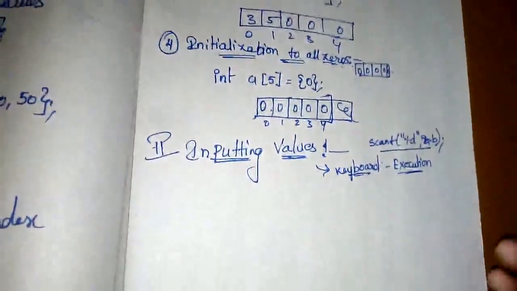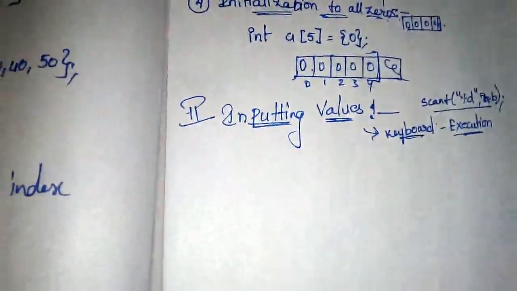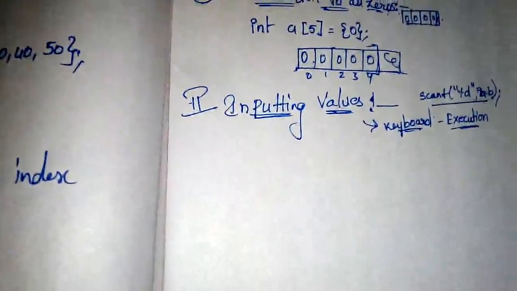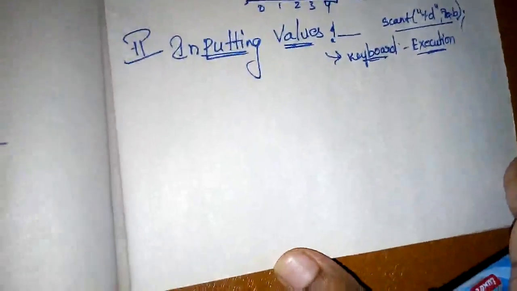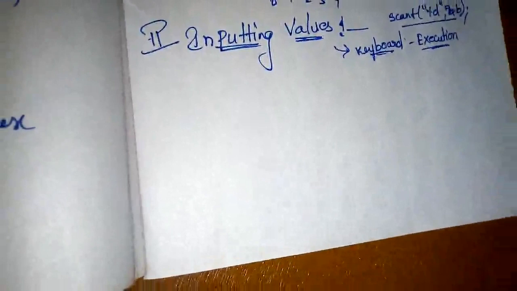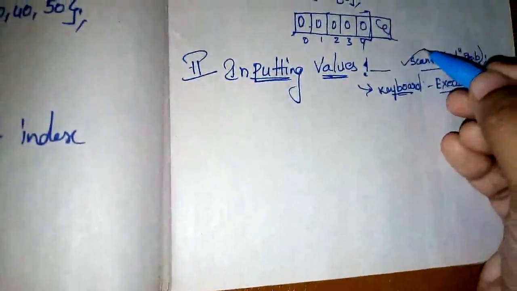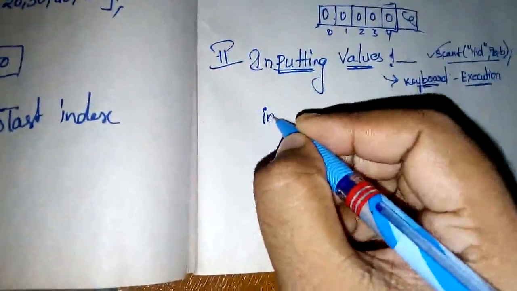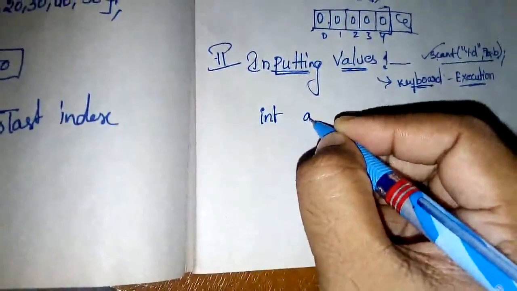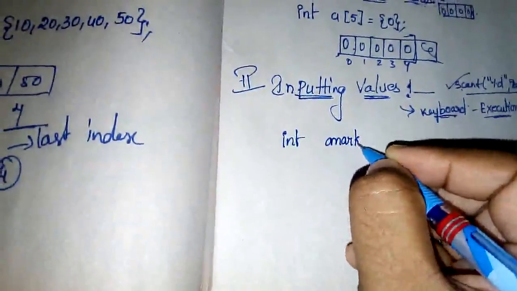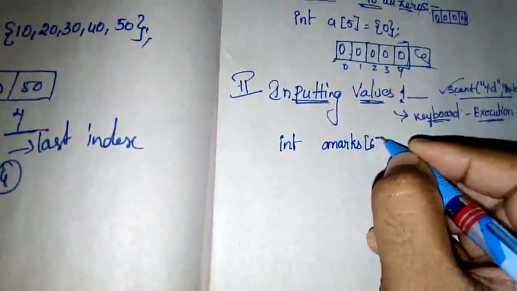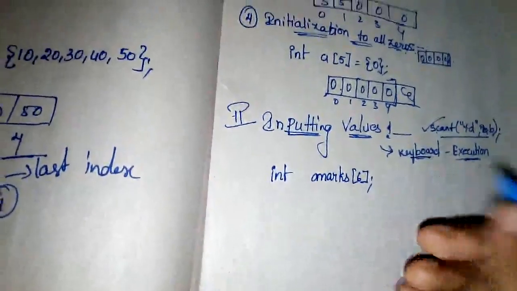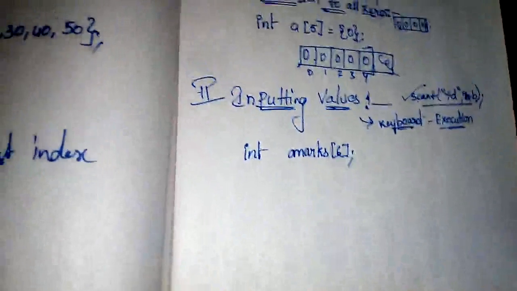In the same way, if you want to take input values into an array at the time of execution, then you need to write the same scanf function. But say for example, we have an array called marks, which stores 6 subject marks, that is 6 values.